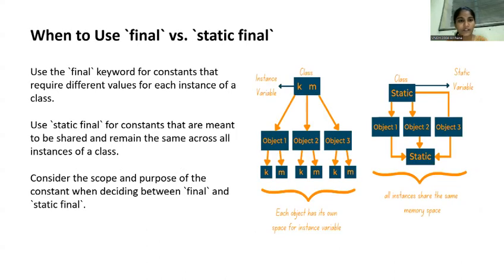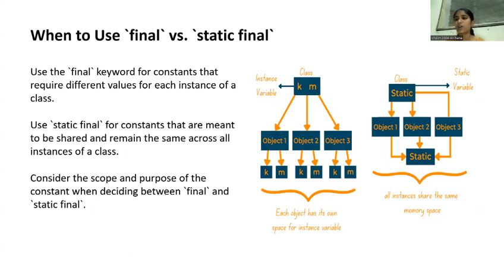And next comes final versus static final, when to use. We use the final keyword for constants that require different values for each instance. So if we give different values to make it constant, we use the final keyword. And when we use static final for the constant, it means they are meant to be shared and remain the same across all the instances.